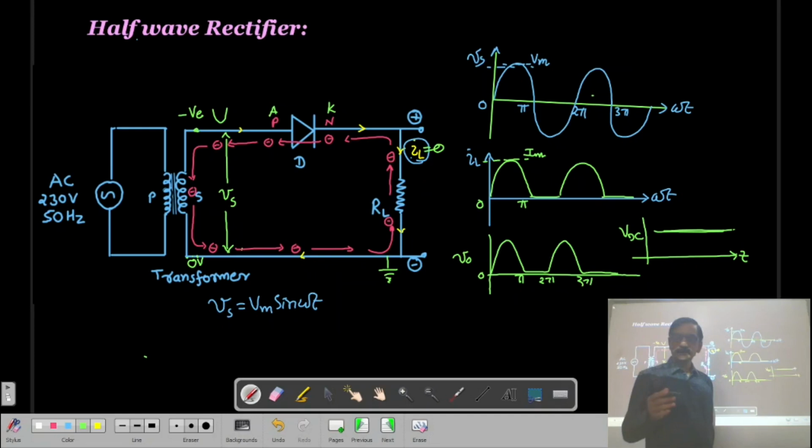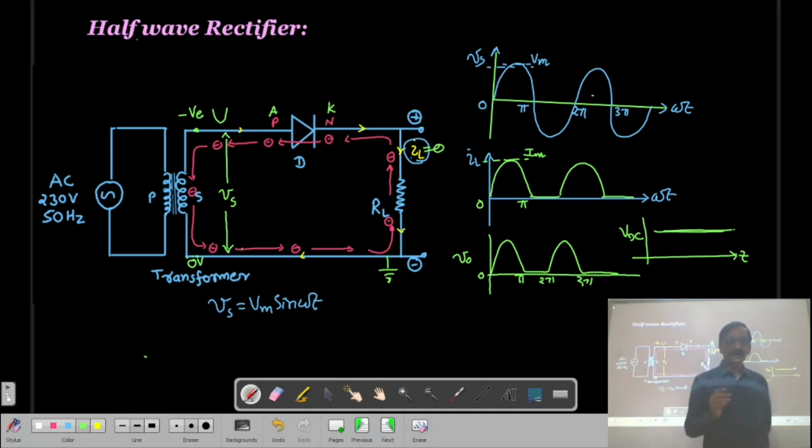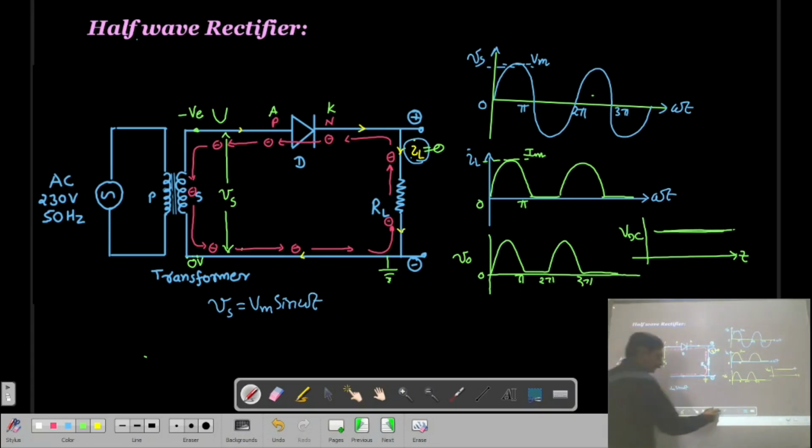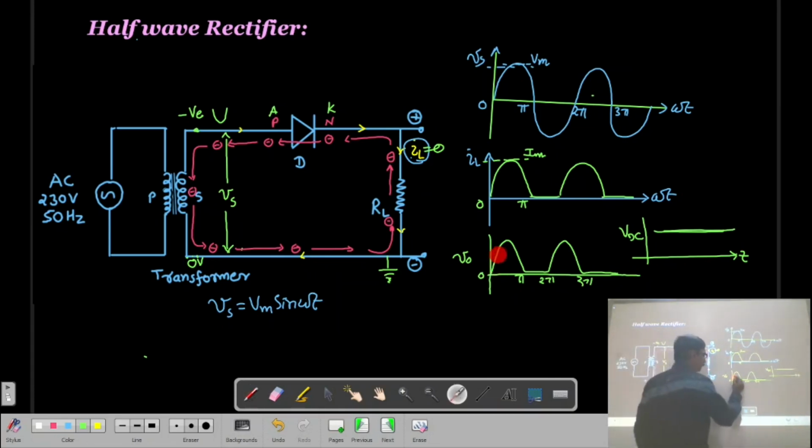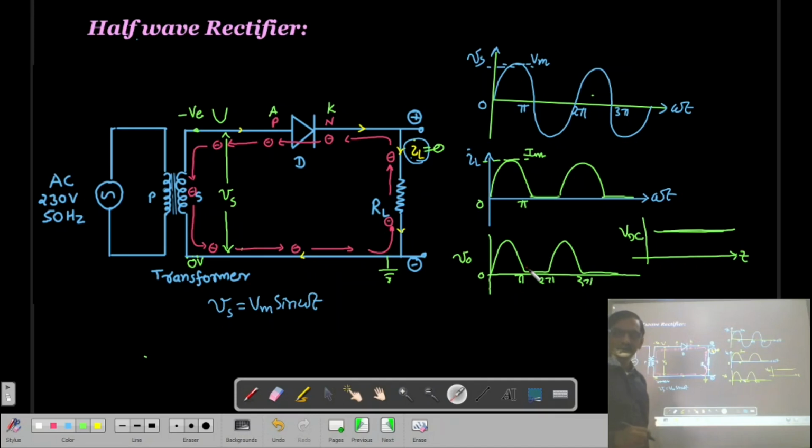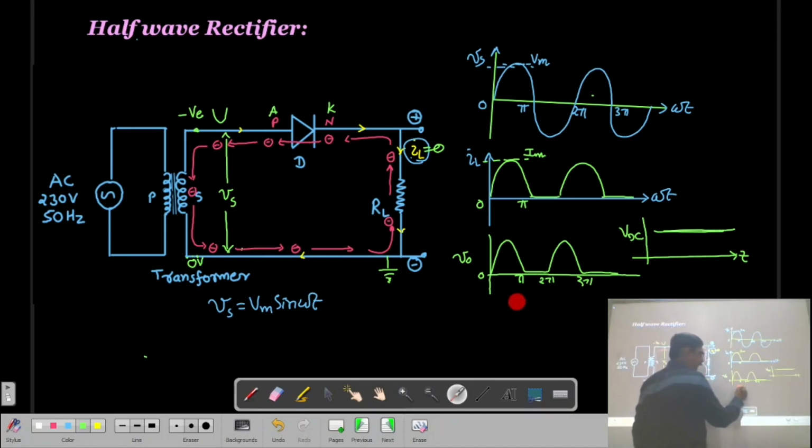While DC does not change direction. So here, whatever the voltage is, it is increasing and decreasing, meaning it has the property of an AC component. But this is not changing direction, so that is a property of a DC component.